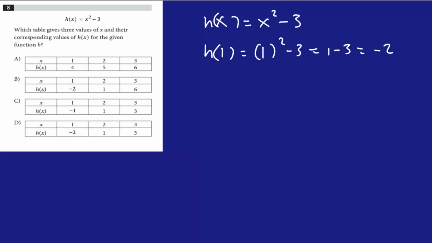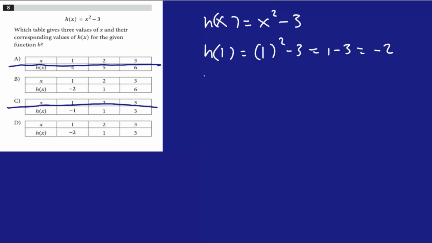So now we can just cross out any of the choices that don't have negative 2 for h of x. So we can cross out this A, and we can cross out the C. So we're already down to a 50-50 chance, not bad. Then we don't need to plug in 2 because B and D have the same thing for that. So we just have to plug in a 3.